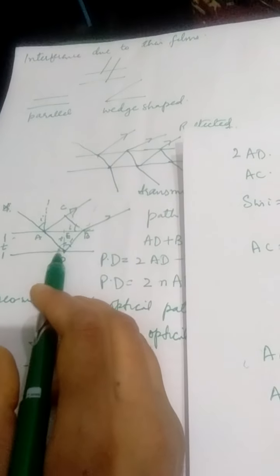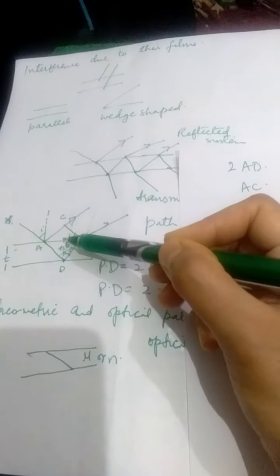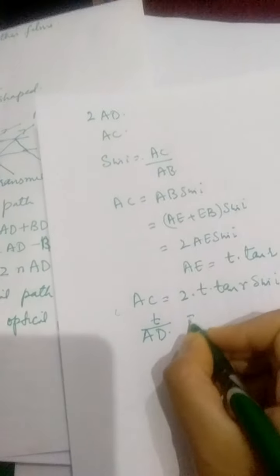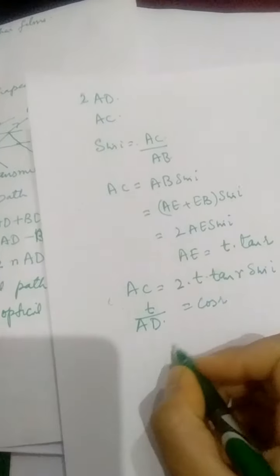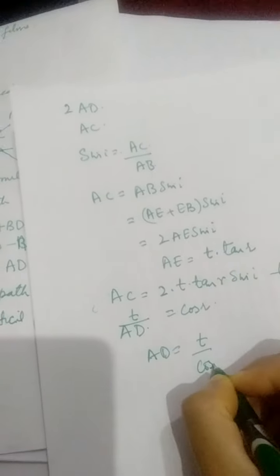AD, what will be that? AD will be given by the cos of certain angle, cos of r. AD is involved in the cos of r. Base by hypotenuse, that is t by AD. So you can write t by AD is equal to cos r. So AD is basically t by cos r.